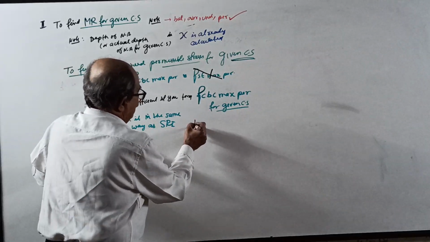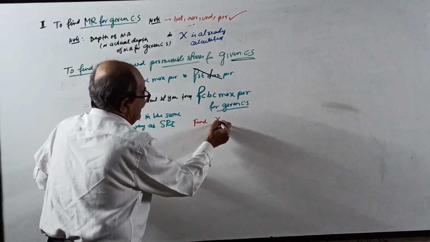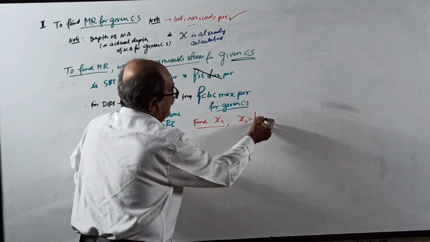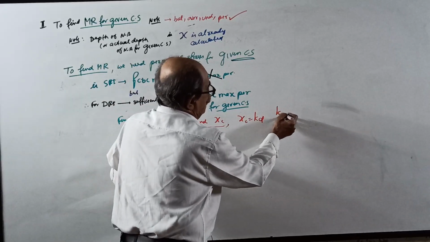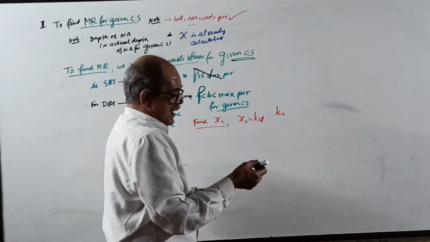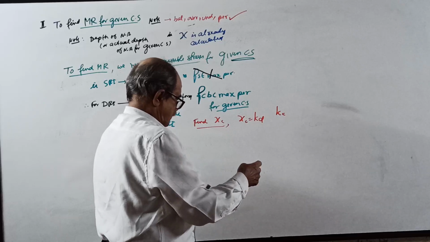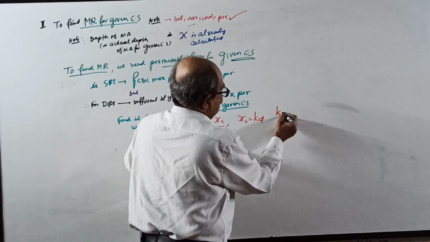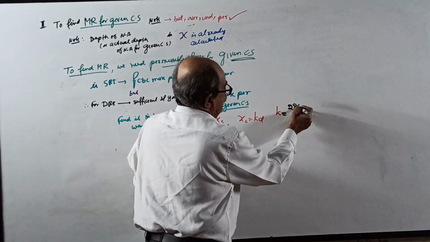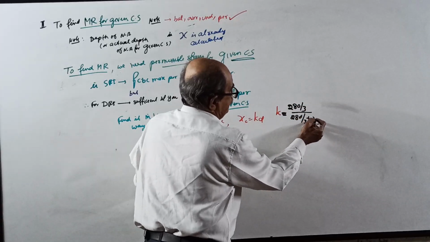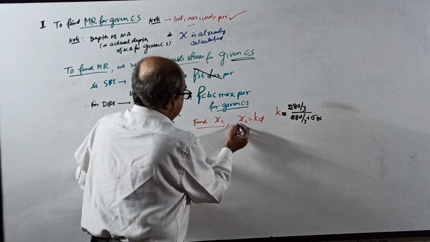Briefly, find XC by the equation XC equal to K D, where K is the neutral axis constant for a balanced section, given by K equal to 280 by 3 divided by 280 by 3 plus sigma st. Get XC.